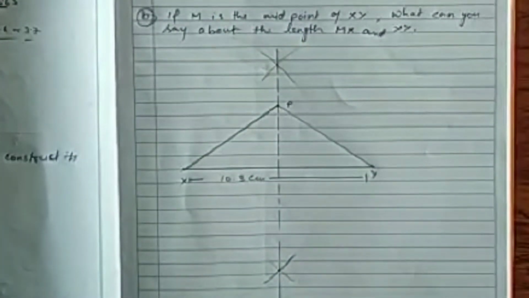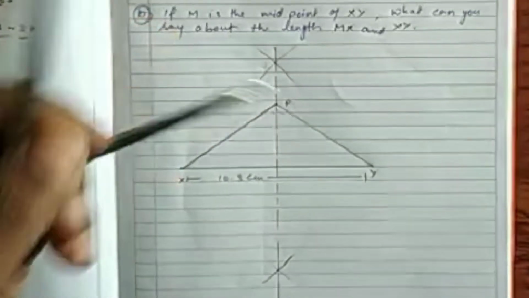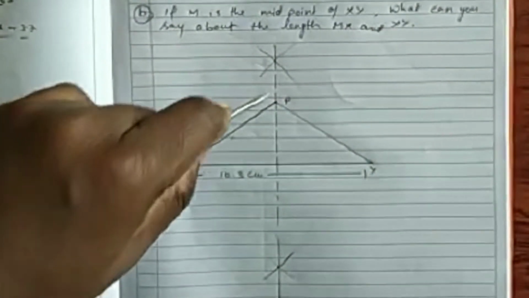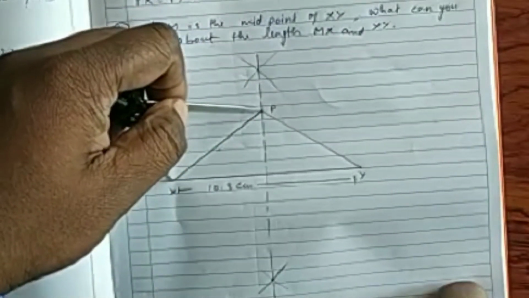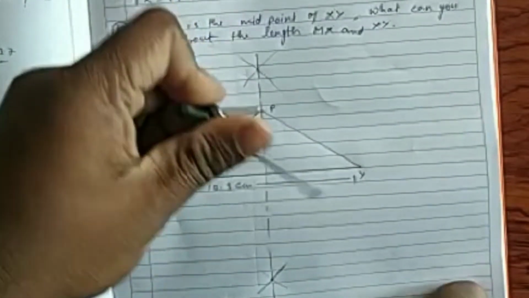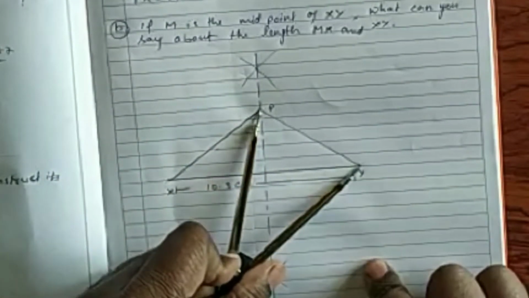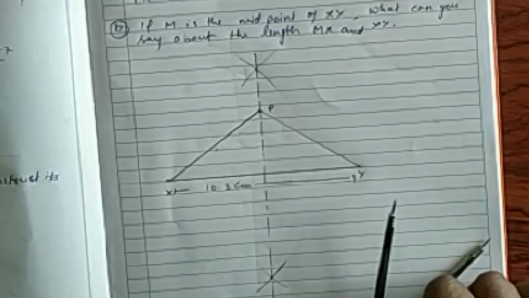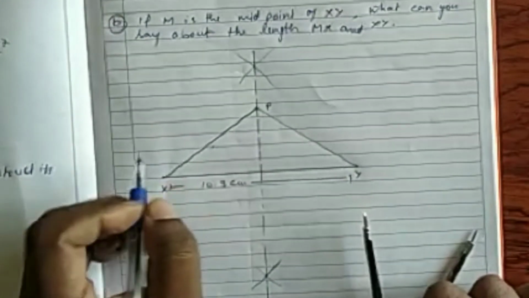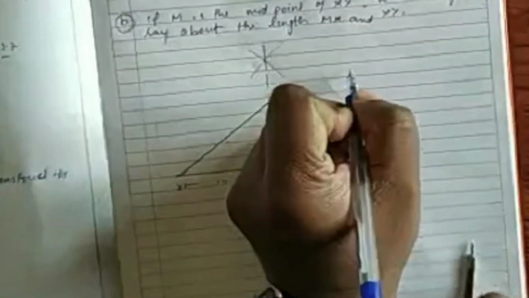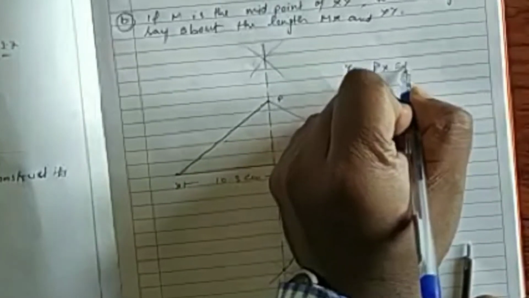How could you check this? Take a divider, place the divider on Px. Now Py. So with the divider we can say that Px is equal to Py. So what is the answer? Yes, Px is equal to Py.